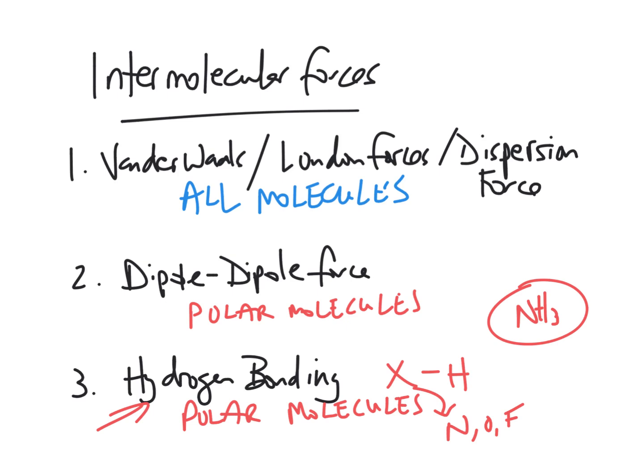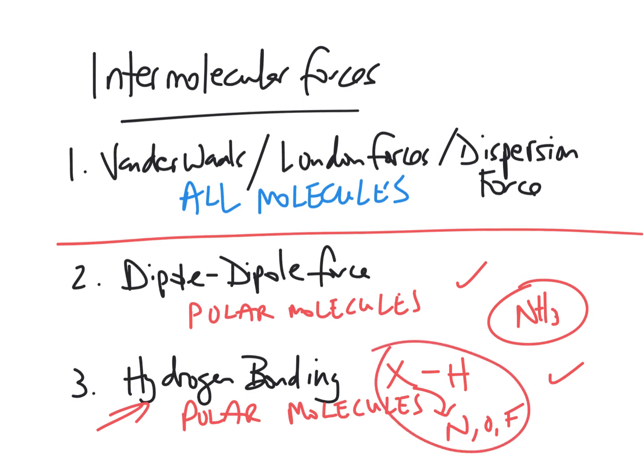So it's really important to first know if a molecule is polar to know whether or not it can have dipole-dipole forces and or hydrogen bonding. And so ammonia actually fits into both of these categories. It can do hydrogen bonding as a special dipole-dipole force. It also has dispersion force and London force, but the most significant type of intermolecular force it has is hydrogen bonding, and that's because we know it's polar and we know it satisfies this requirement.